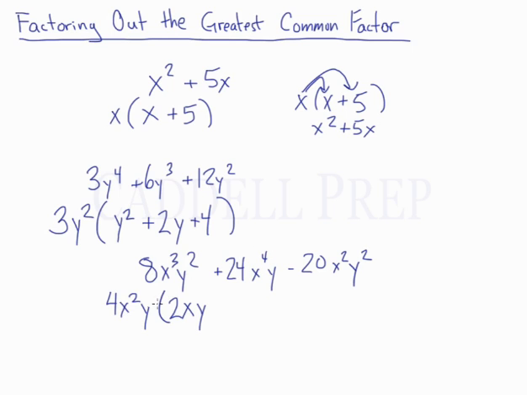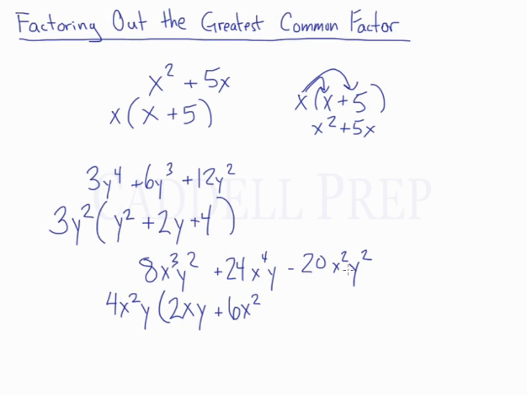Okay, next term, 24 divided by 4 is positive 6. x to the fourth divided by x squared is x squared. y divided by y, again, they cancel out, or 1 minus 1 is 0. Anything to the 0 power is 1. So 6x squared times 1 is just the same exact term.